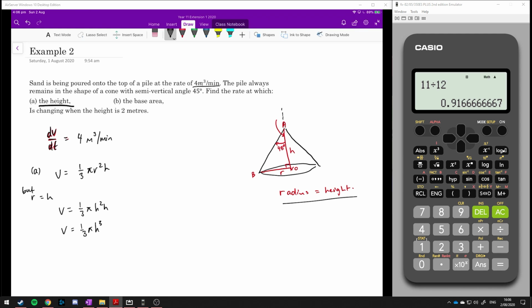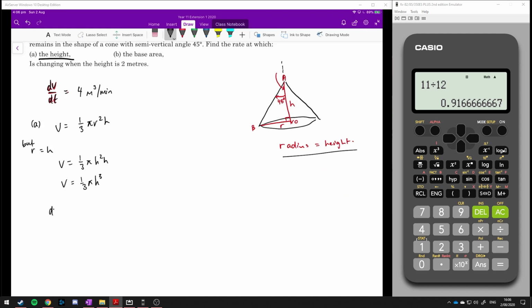So differentiating with respect to time, dV/dt, which we do know, is the same as dV/dh times dh/dt. So again, what this says is the volume is changing with respect to time by the fact that the volume changes with the height, and the height changes with time, okay?